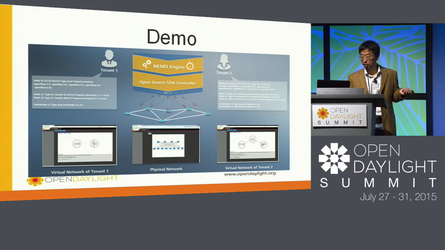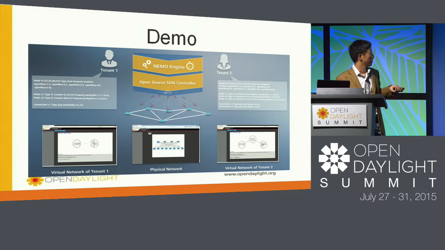Okay, next I will give a demo to show the Nemo. We already implemented the Nemo engine based on the Hydrogen version of the ODL. Here is a sample. We build a physical network based on Mininet, and we have several tenants.